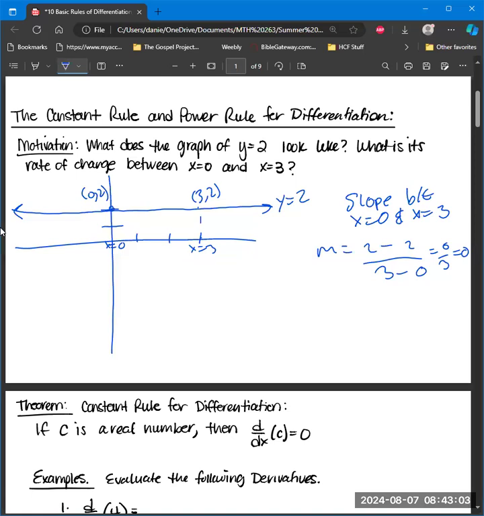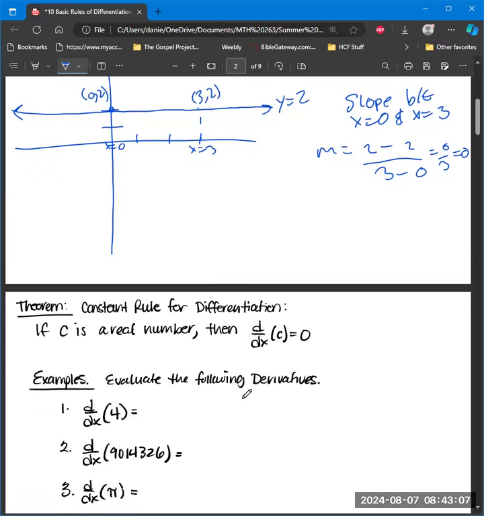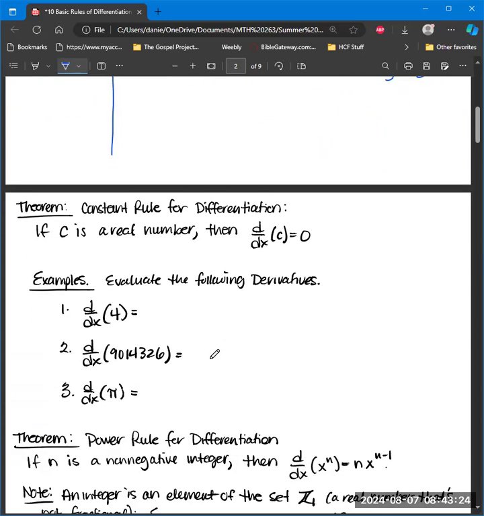And so the constant rule for differentiation says if c is a real number that's a constant, then the derivative with respect to x of that constant is 0. We see that the slope of a constant function is 0. So the derivative of any constant is 0, even if it's a constant like pi. So all of these here are all constants.